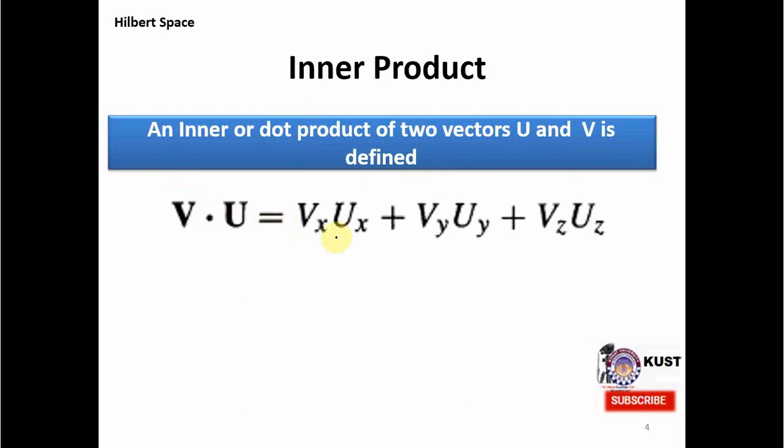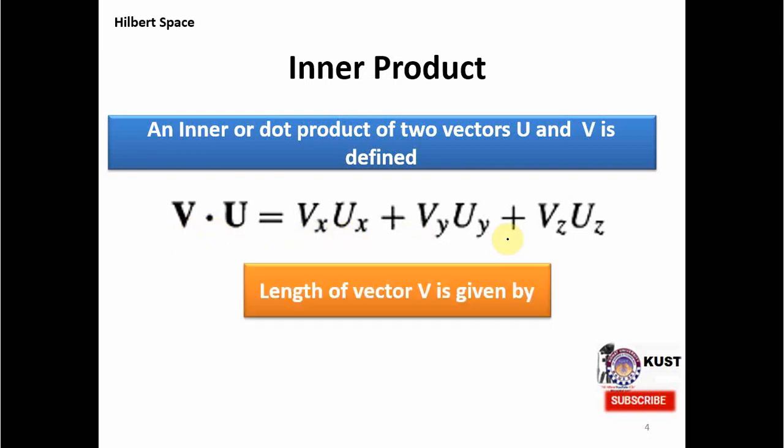In terms of the unit vectors, when the same unit vectors get multiplied, the result is equal to 1, and when different unit vectors get multiplied, because of the orthogonality condition, they vanish. Therefore the dot product of two vectors in some vector space is of this form.